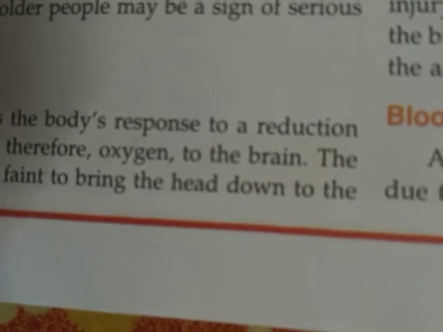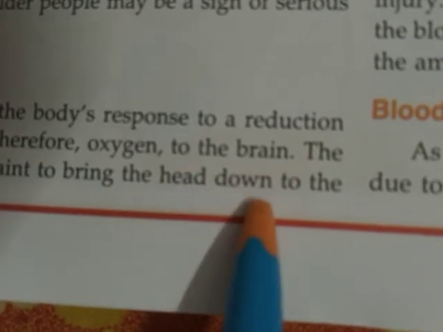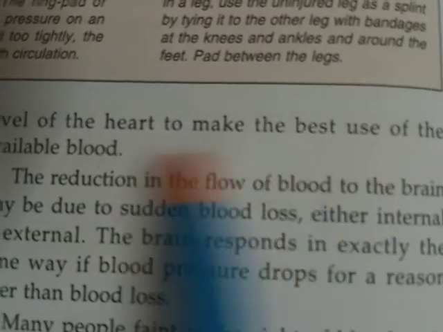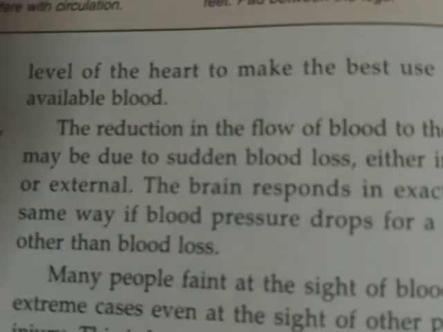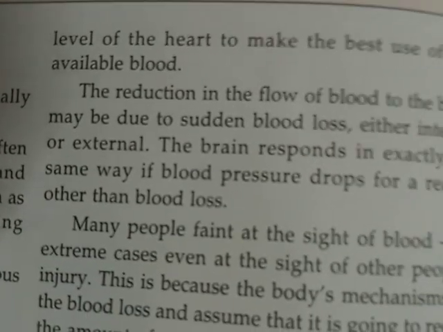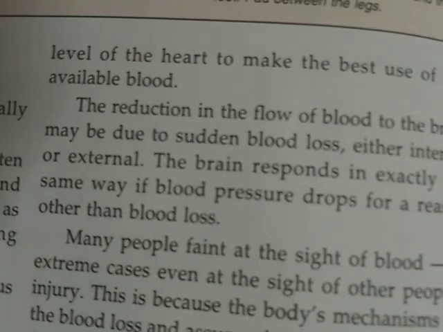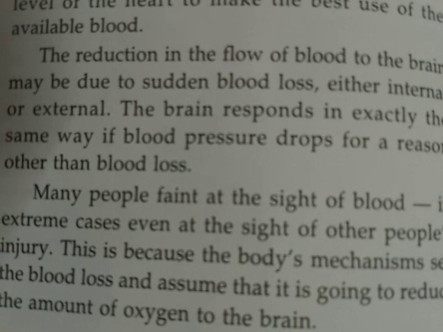The brain uses the faint to bring the head down to the level of the heart to make the best use of the available blood. Children, you have seen when anybody faints, the head drops to one side or towards the heart.